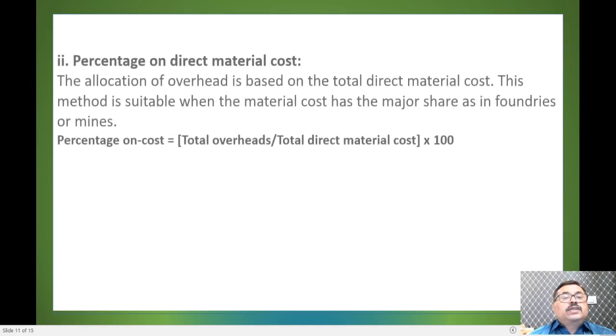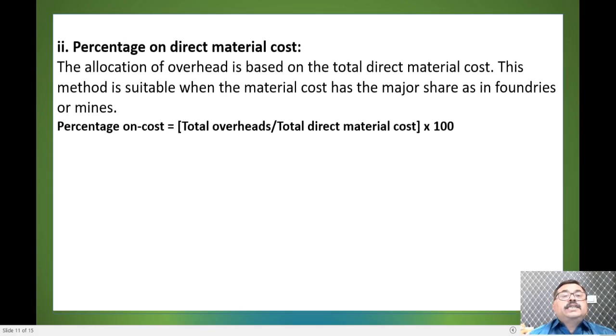The second one is the percentage on the direct material cost. Here the direct material cost is considered, and the total overheads will be divided by the total direct material cost in percentage. You will get the on cost. The allocation of overheads is based on the total direct material cost.